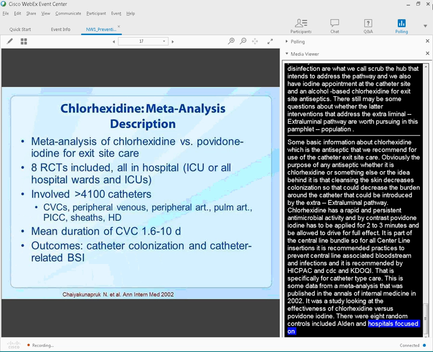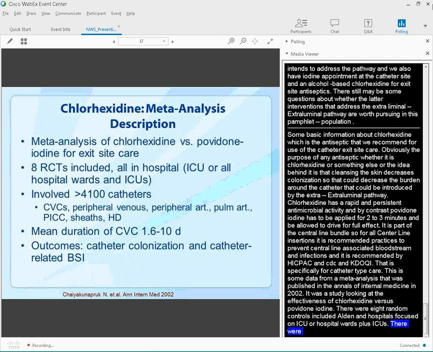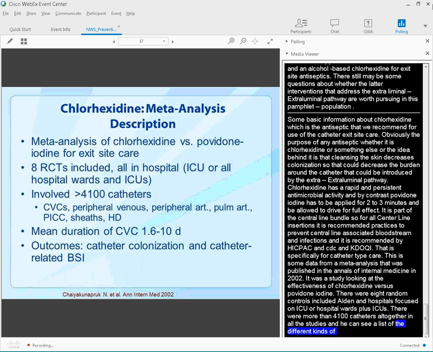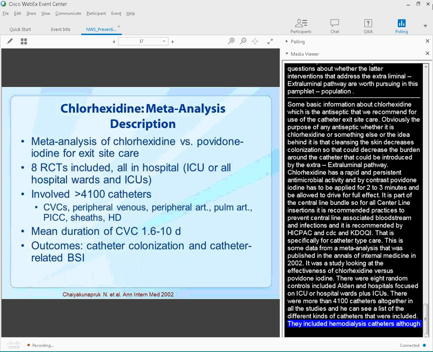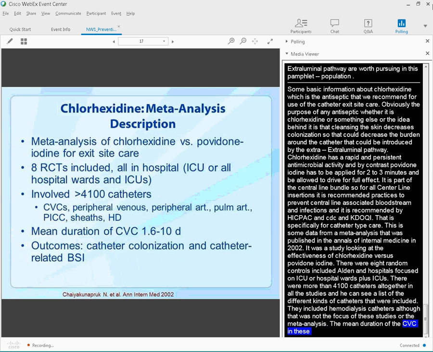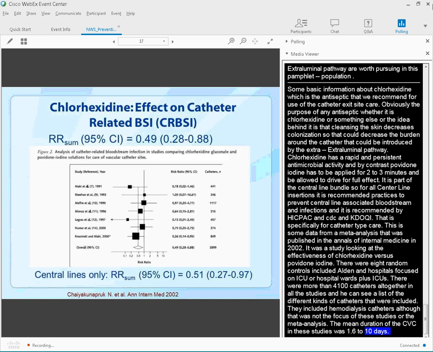There were more than 4,100 catheters altogether, and you can see a list here of the different kinds of catheters that were included. They did include hemodialysis catheters, although that was not the focus of these studies or the meta-analysis. The mean duration of the catheters in these studies was 1.6 to 10 days, so it was still relatively on the shorter side. The outcomes they looked at were catheter colonization and catheter-related bloodstream infection.